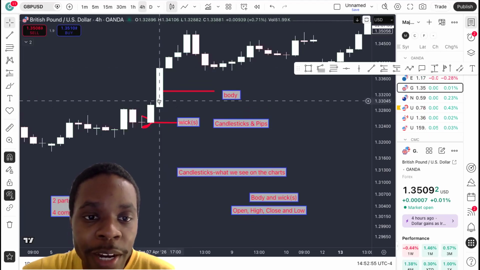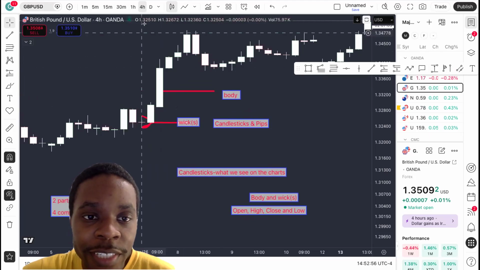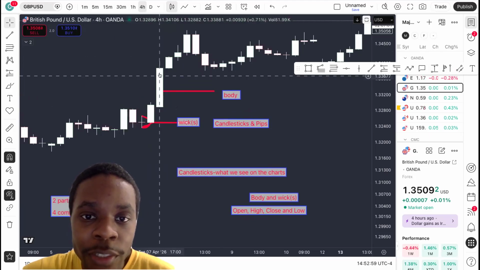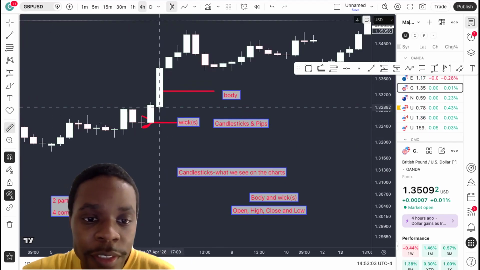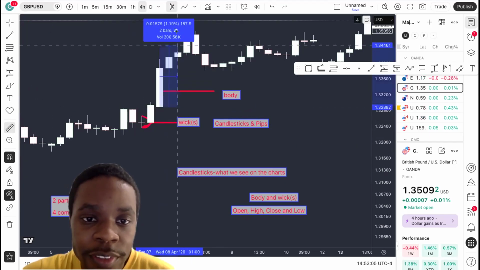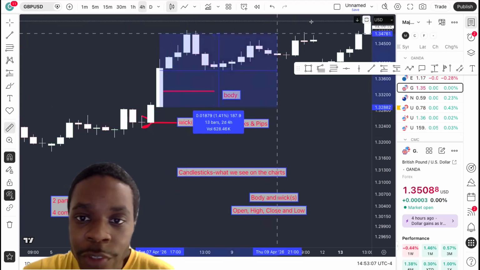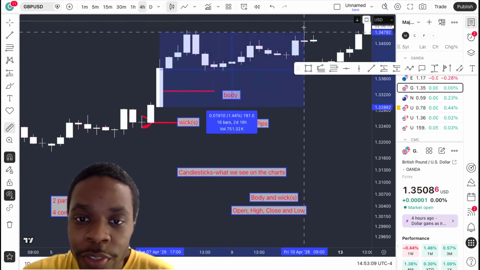Or we can do math by going over the candle again, looking at the values up top, find the open and close. You can count from there. Or three, use your ruler. However far you want to see how prices went, and then it'll tell you how many pips it went.